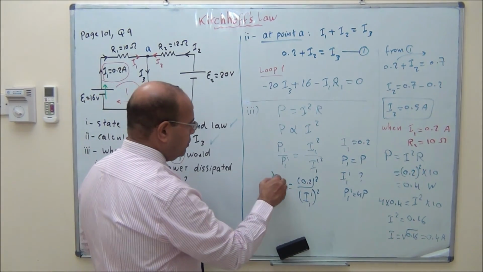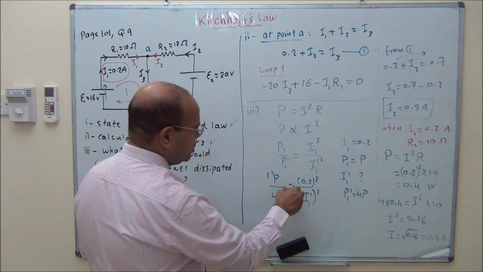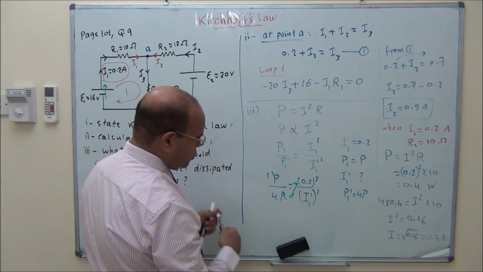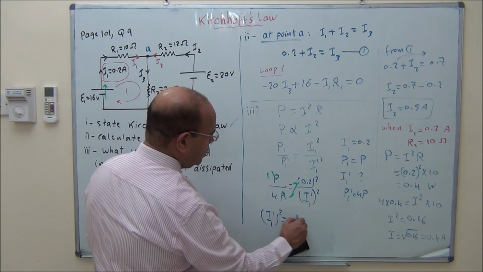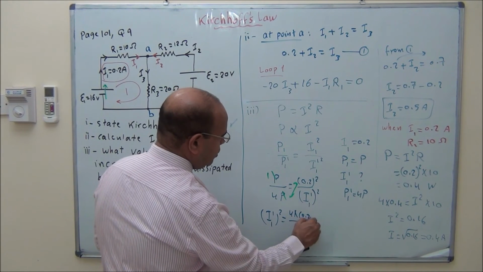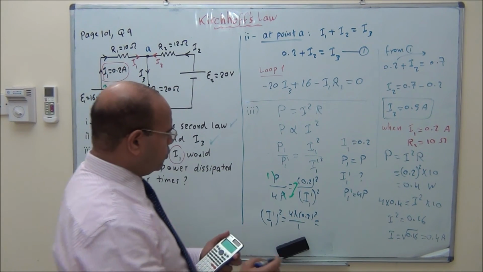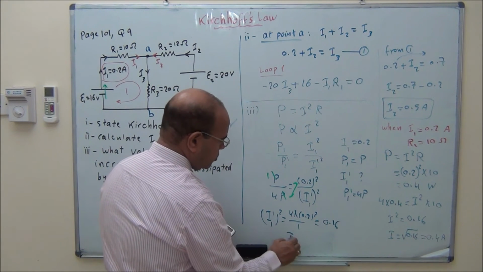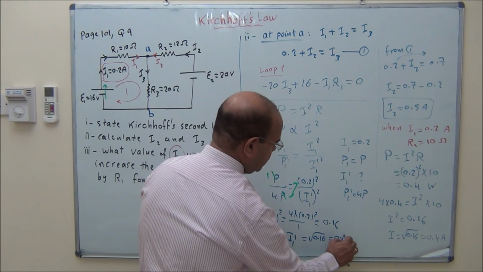So divided by P, cancel, so it's 1 over 4, and do cross multiplication to get I1 dash. So I1 dash squared equals 4 multiply 0.2 squared over 1. You can get this one. It's 0.16. So I1 dash equals square root of 0.16. It is 0.4 ampere.